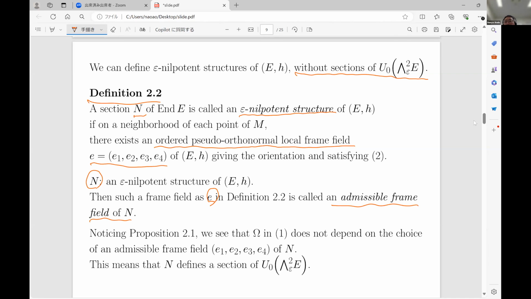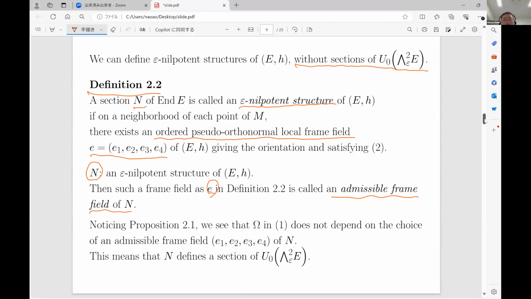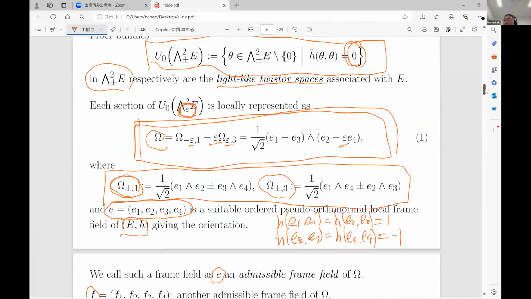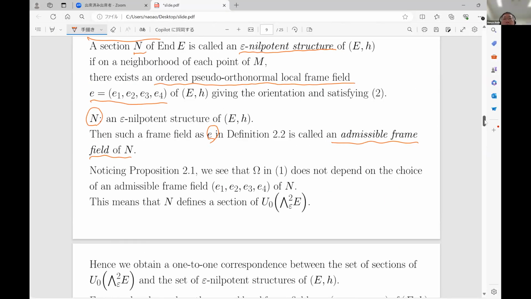Noticing this proposition, we see that large omega in this does not depend on the choice of an admissible frame field of N. This means that an epsilon nilpotent structure large N defines a section of a right-like twistor space with epsilon.